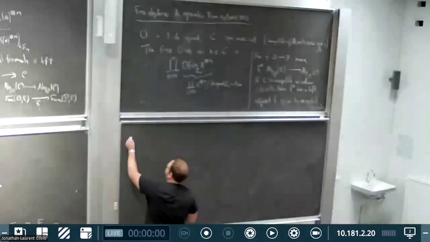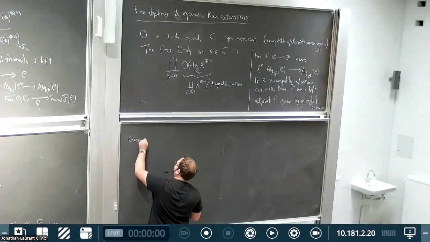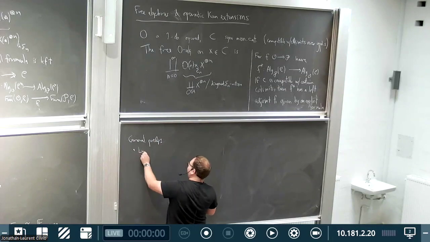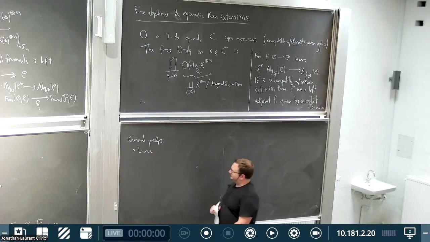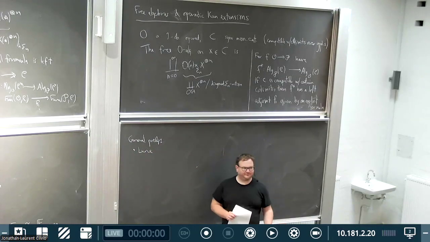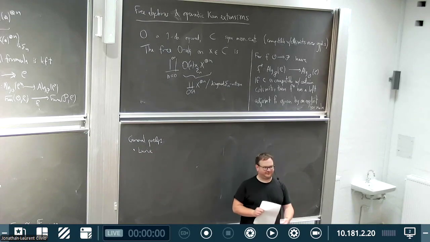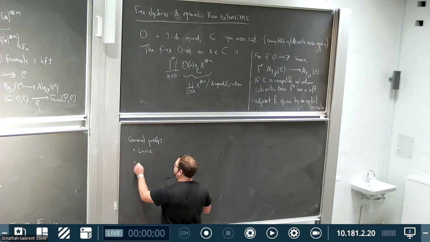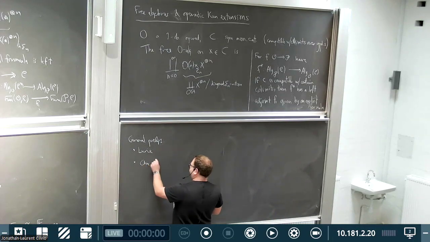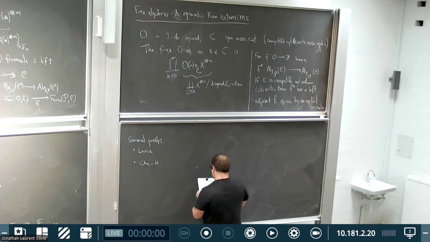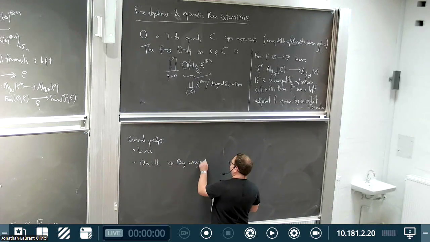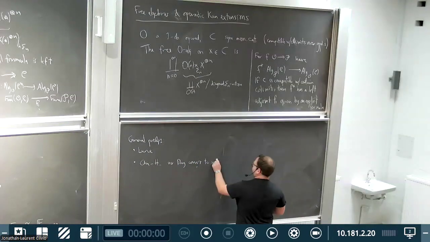So let me mention the more general proofs. The first proof is by Lurie. That's a very complicated, simplex by simplex construction of the operadic left Kan extension. And then I have a proof where we use the convolution to reduce to this easy case.